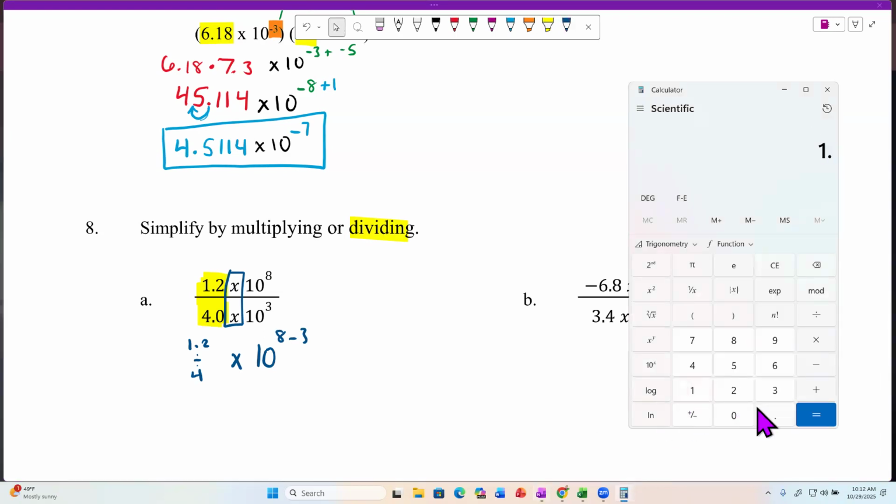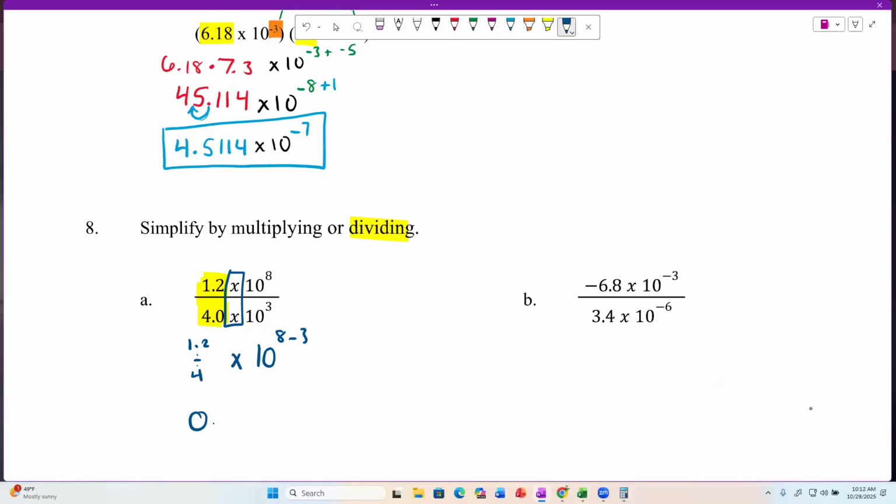1.2 divided by 4 is 0.3 times 10. 8 minus 3 is 5. Are we in scientific notation? To be in scientific notation, the number in front of our multiplication has to be between 1 and 10. 0.3 is smaller than 1, so that doesn't work.